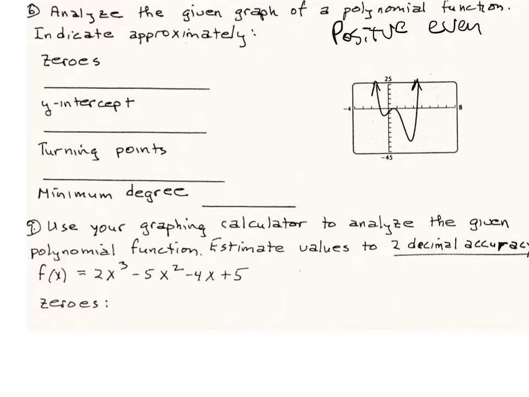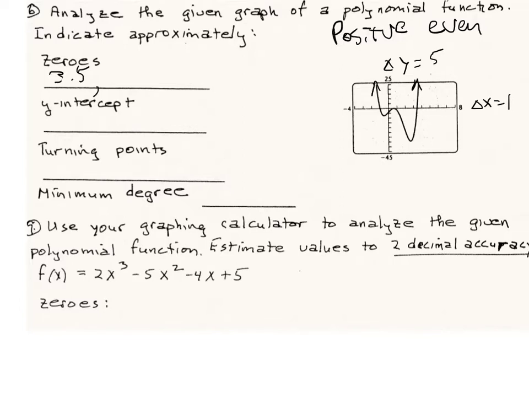Then I look at the zeros. My delta x equals 1 in this case, and my delta y appears to be 5. And it looks to me I have a 0 at 3.5. Erase that. So 3.5.